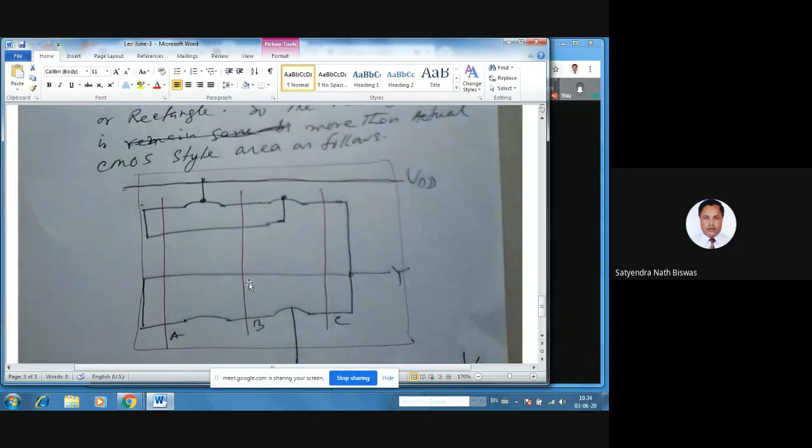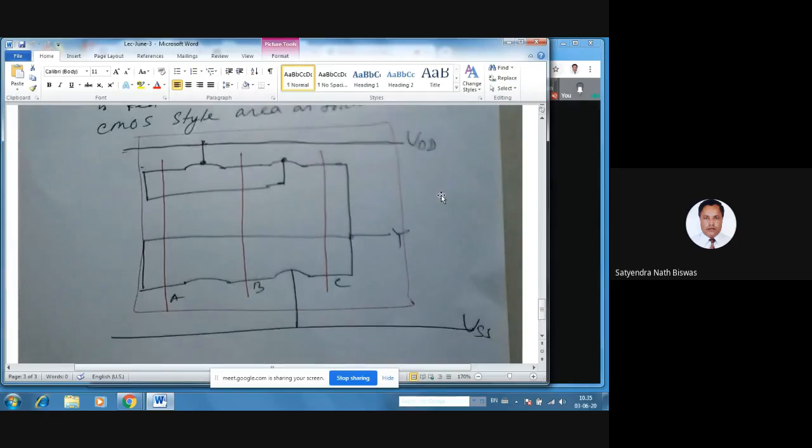So it's one VDD and one VSS here. And we can make the layout from there. So now look at the area. How much is the area? The area will be this much, right? From here to here will be maybe the x-axis, and the y-axis will be here to here. This is not the right one, this is a mistake. It will go up to this point. So this will be a rectangular area.